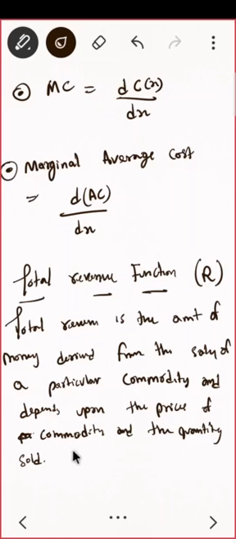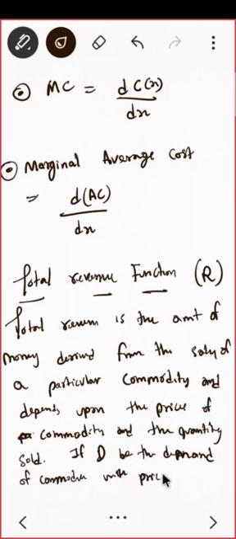So if D is the demand of the commodity at price P, then the total revenue collected by the firm is this.